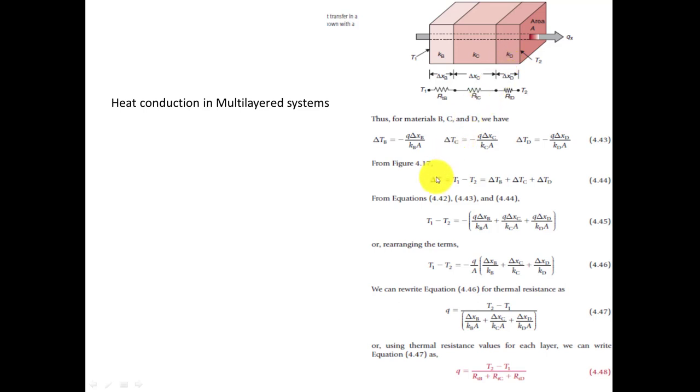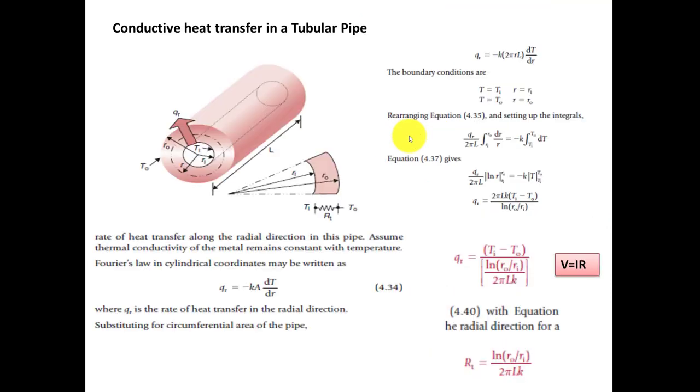When you calculate, delta T will be T1 minus T2. Here it is T1 and here it is T2. So delta T is equal to T1 minus T2, and this will be the sum of these three delta T. Understand? So to find out the value of delta TB, the equation is Q is equal to, let me recall this equation for you.